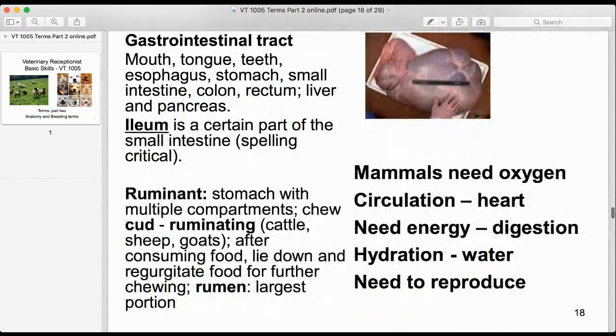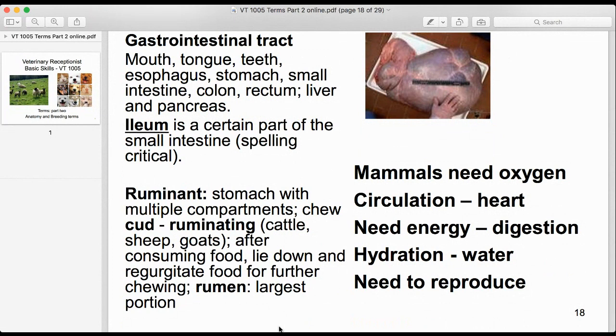And then we have a ruminant. A ruminant by definition is a stomach with multiple compartments. Generally, it is 4 compartments, but there are modified ruminants. And in ruminants, the stomach is very large. We have a picture here of a rumen with a person's hand and the ruler up there, showing how large that rumen is in our animals that have a rumen, like a cow, a sheep, a goat.